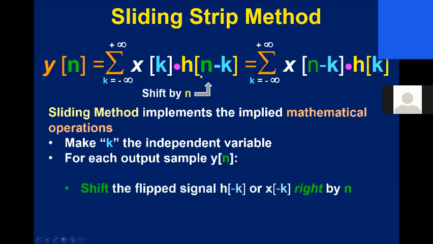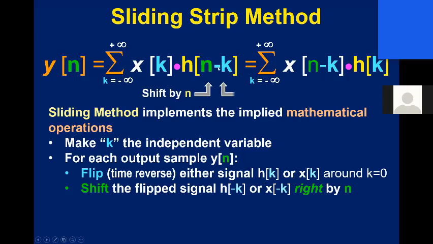And that n implies, if k is my independent variable, an index shift, a time shift, if you will, in my h signal. And the thing I'm shifting is not a function of k, but a function of minus k, a flipped version, a time reversed version of the signal. And so these operations together imply a reversal and a shift, a flip and a shift.